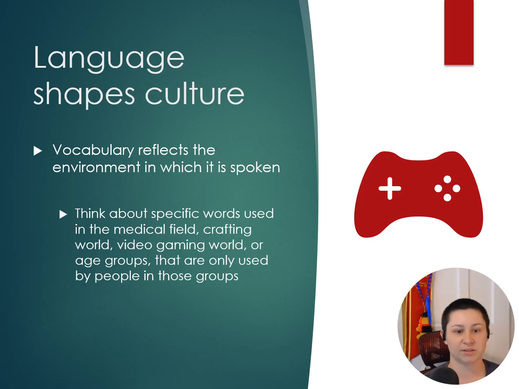So if you think about specific words that are used in the medical field that we don't actually have to know, but they need to know them in the medical field, the crafting world, the video gaming world, or specific age groups, how certain generations use words or create their own words, and other generations are like, I don't know what that means. Language shapes culture, and that's kind of what linguistic anthropology is all about.